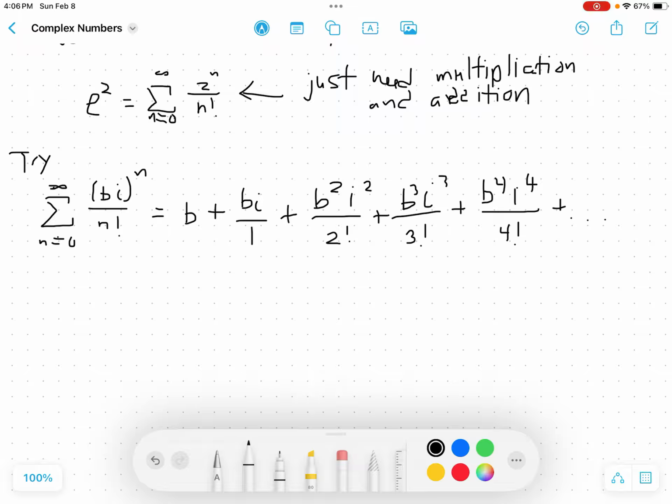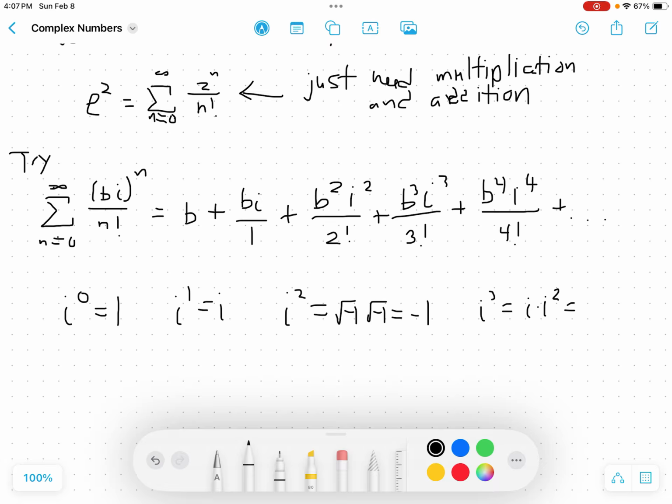I said already that I think i to the 0 ought to be 1 just based on exponent rules for real numbers. i to the 1st, of course, should just be i. i squared should be i times itself, the square root of negative 1 times the square root of negative 1, which is going to get me negative 1. i to the 3rd power, we could say that's i times i squared.